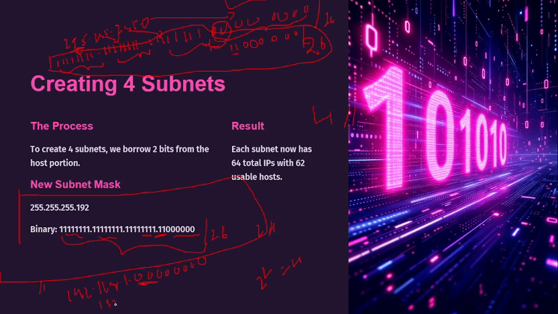192.168.1.00 is the first subnet, followed by host IDs.